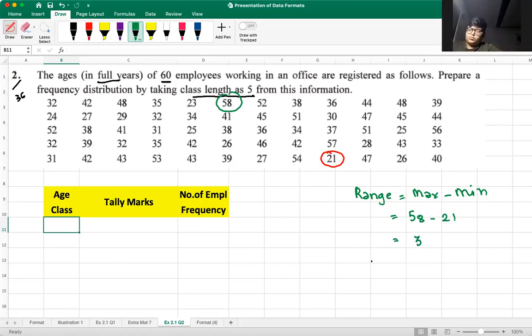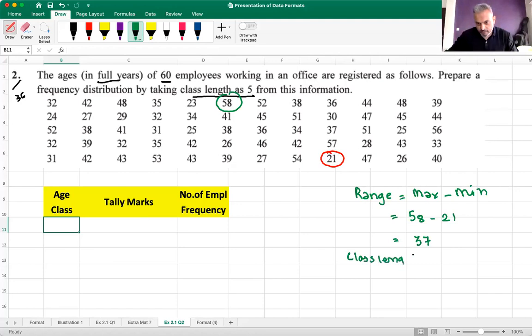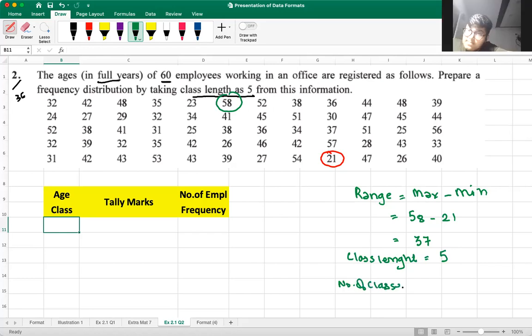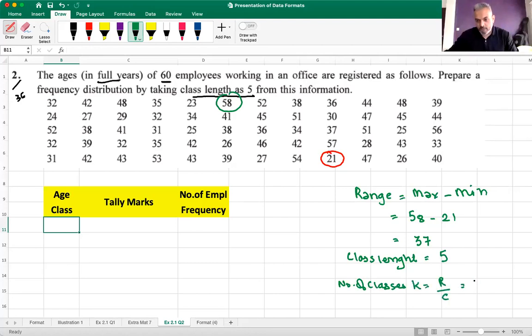What is the class length? Which is already given in the question, 5. So if I ask you what are the number of classes, number of classes K is equal to range upon class length, which is equal to 37 upon 5. 5 sevens are 35, so 7.4.